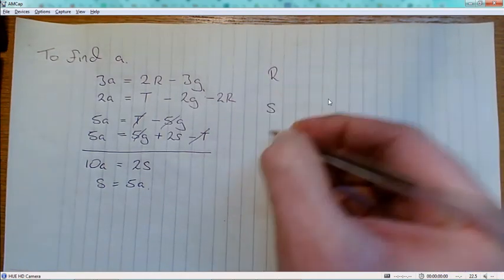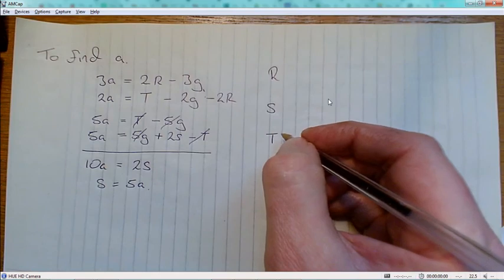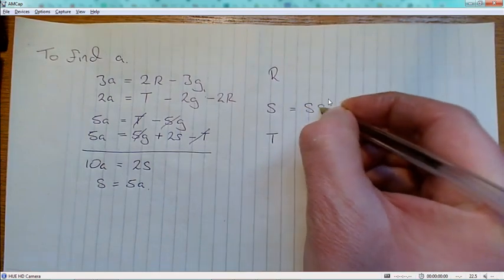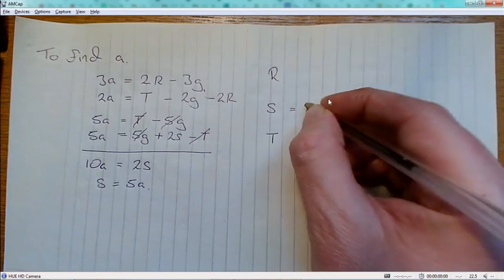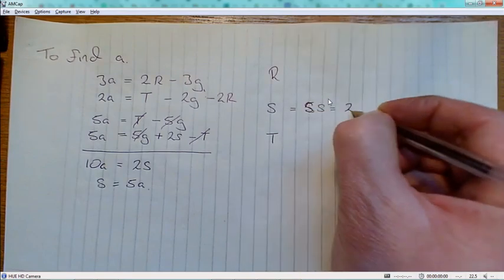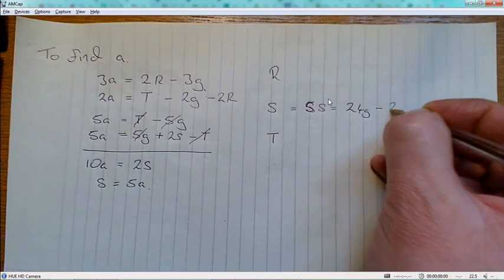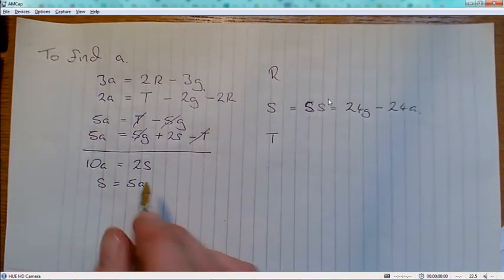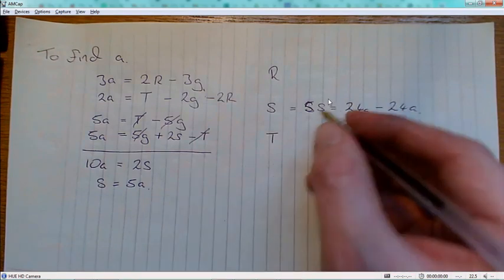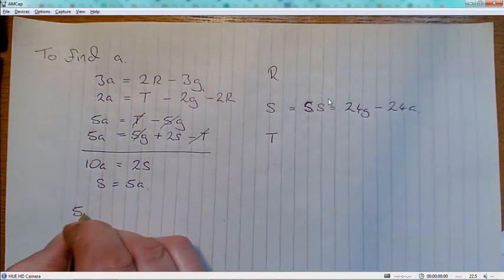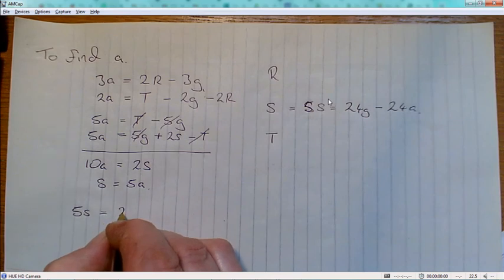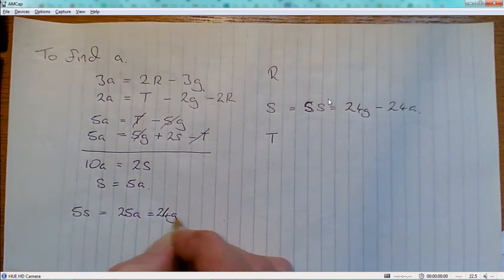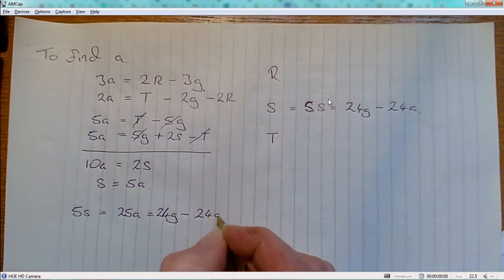We then had three formulas, R, S and T. The one we're most curious about is 5S is equal to 24G minus 24A. Instead of saying S is 5A, therefore 5S is equal to 25A is equal to 24G minus 24A.